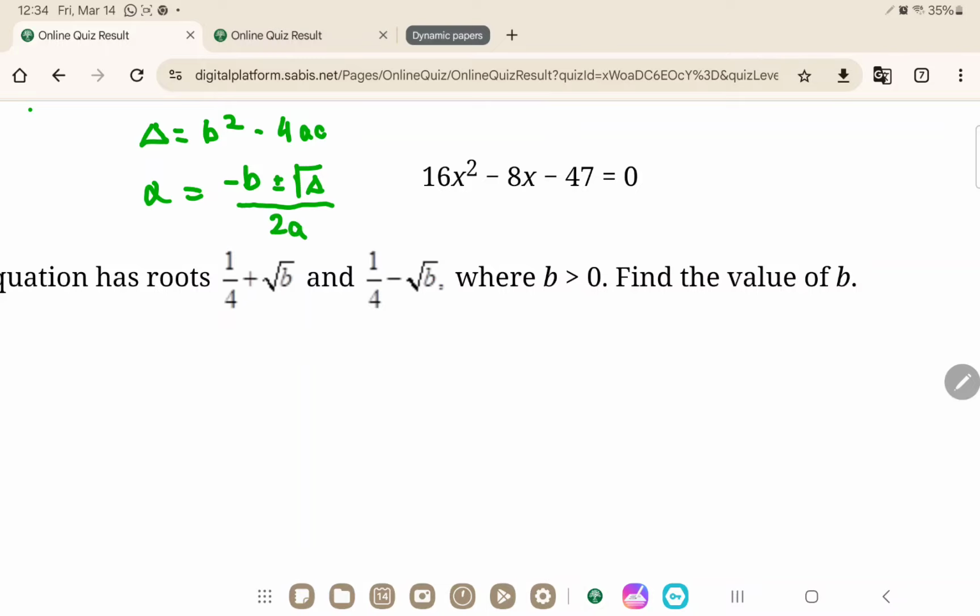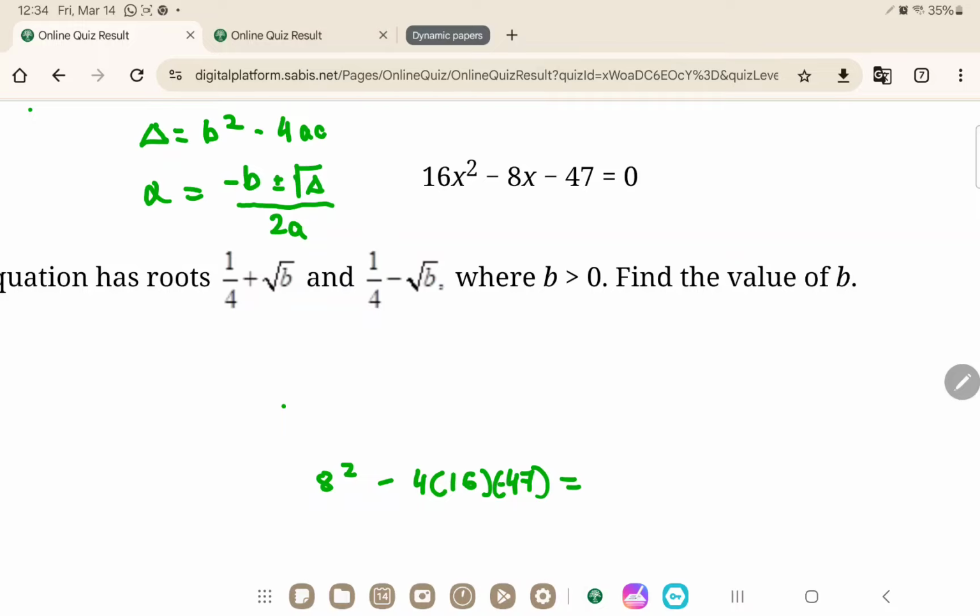So delta in this case would be 8 squared minus 4 times 16 times negative 47. It's negative 47, my bad.